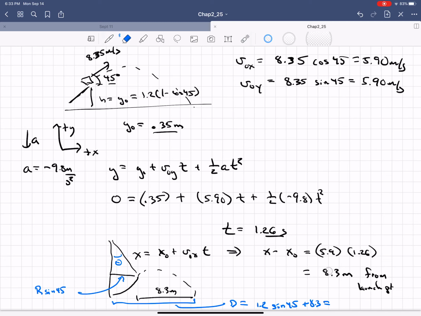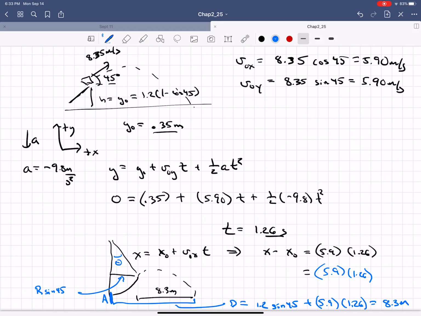I'm looking at the solution the wrong way. That works out to be 8.3 meters. So the 8.3 meters is the distance it goes from the initial spot underneath the point A. So that's how far it is launched from the point A. Hope that helps.